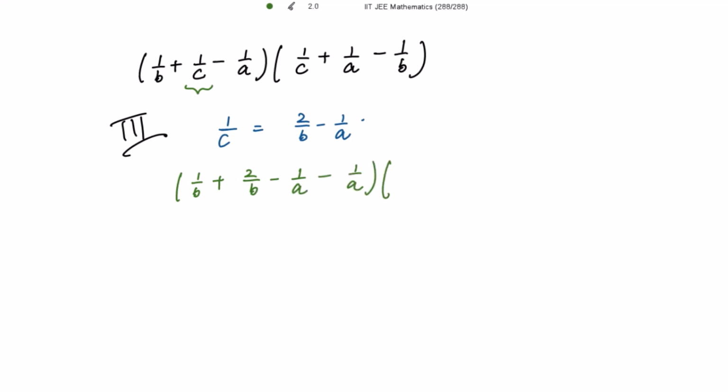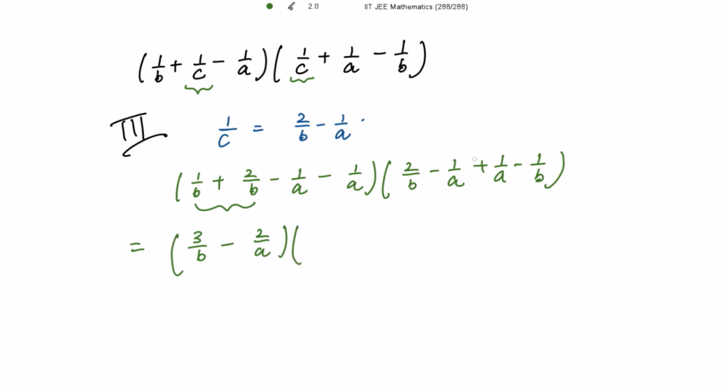And from the second bracket, putting the value of 1 by c over here, we get 2 by b minus 1 by a plus 1 by a minus 1 by b. So from 1 by b plus 2 by b, we are getting 3 divided by b minus 2 divided by a. And from the second bracket, we cancel these two and we get 1 divided by b. So multiplying this 1 by b inside, we get 3 divided by b square minus 2 divided by ab.